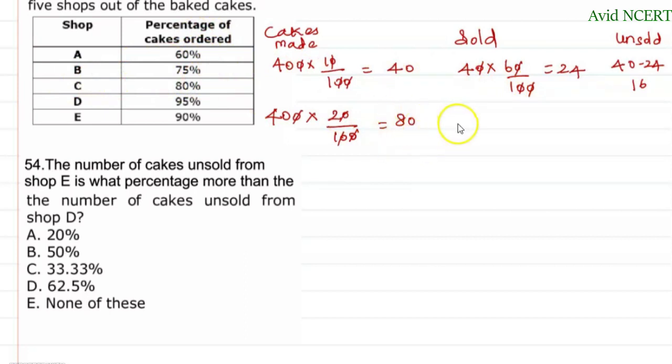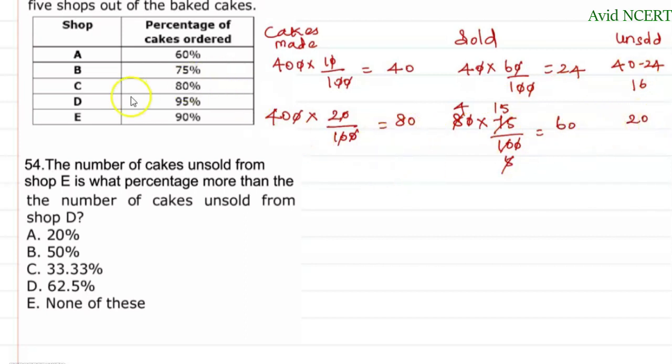So out of these 80 cakes, 75% were sold. You can simplify this by any method, whichever is easy for you. So 2 fours are 8, 2 fives are 10, and 15 times is 75, which equals 15 times 4 is 60.